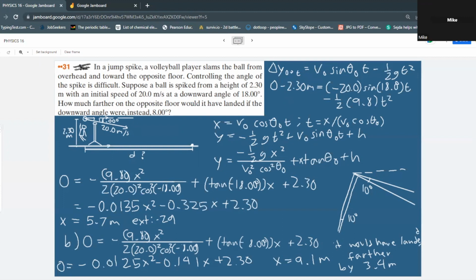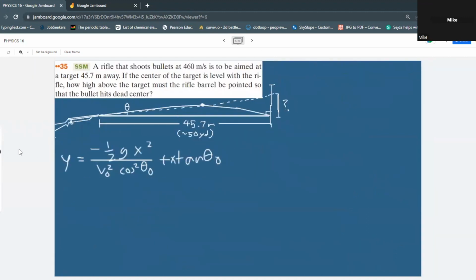So substitute in d over cosine. Yes, correct. So x is d. Not yet. That equation tells us y versus x for every part of the trajectory of the bullet.